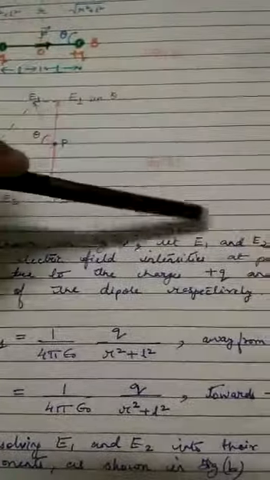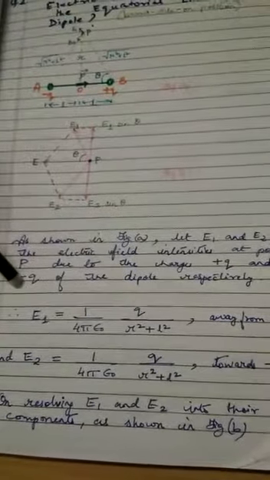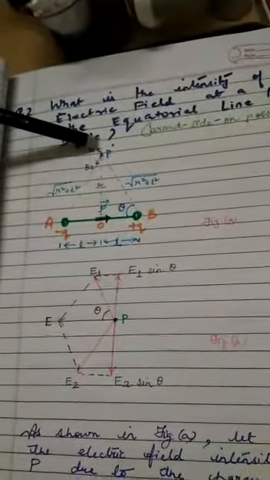As shown in figure A, let E1 and E2 be the electric field intensities at a point P due to the charges plus q and minus q of the dipole respectively. Because of plus q, our field is E1 in this direction. You can see this small arrow.